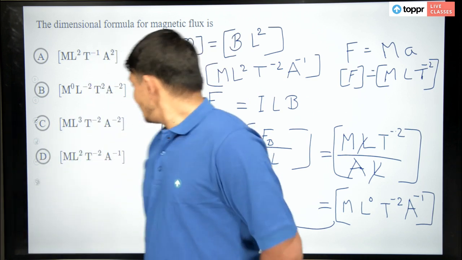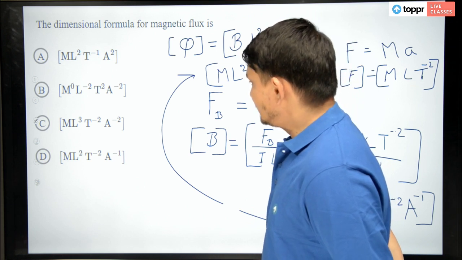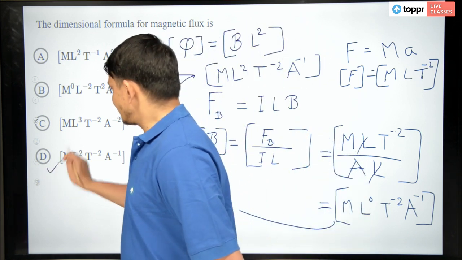And anything that is resembling this dimensional formula is D, and that is the correct answer.